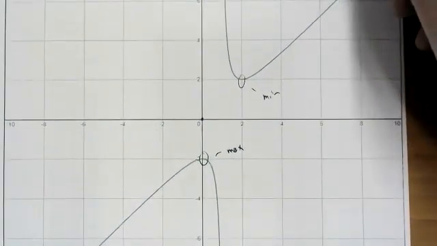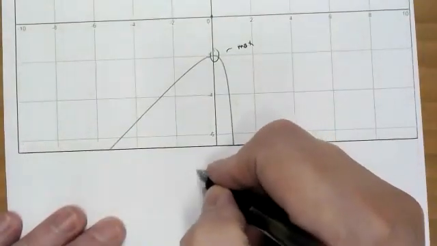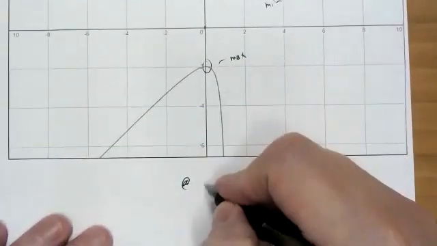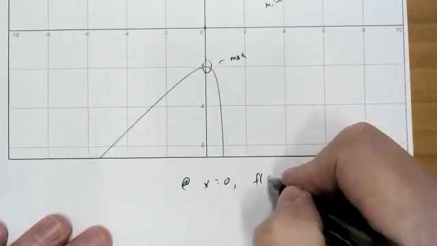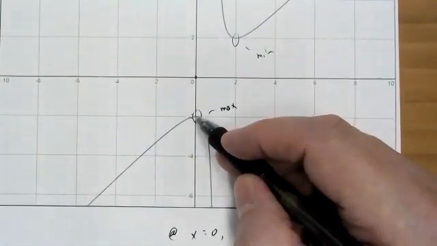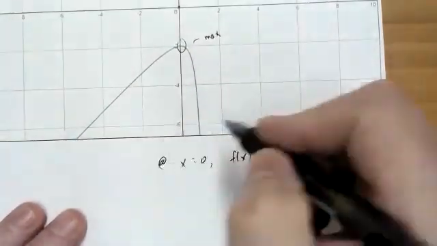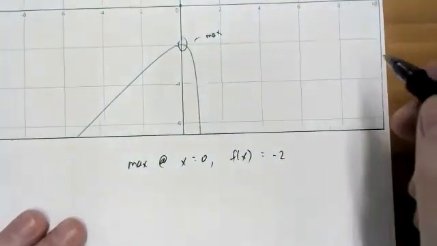And if they ask us to attempt to give the actual values, I would say at this maximum, looks like x is equal to 0, and the actual value of the function looks like it's -2. I should say this is a maximum.